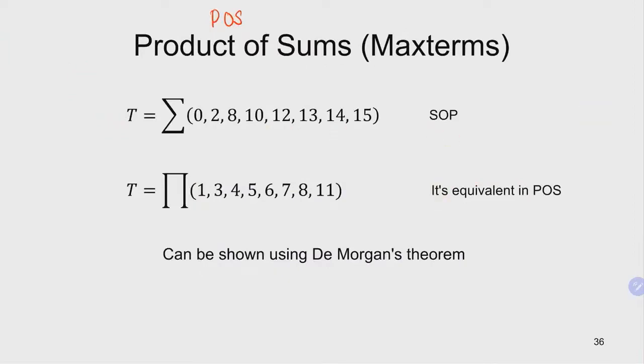So here we have a missing minterm, which is 1. And then here we have 3, 4, 5, and 7. That's missing between 2 and 8. So this will be, should I have an 8 here?